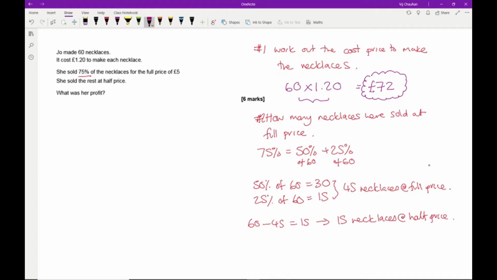So let's go over to this side of the screen. In terms of the selling price, we know that she sold 45 necklaces at full price, so it's 45 times 5. Let's put £5 so you can see where that 5 has come from. 45 times 5 gives me £225.